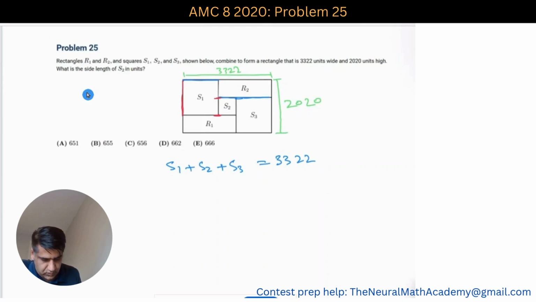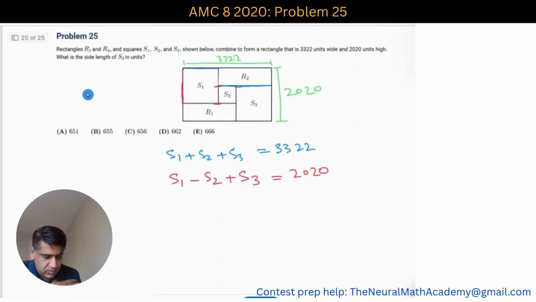So I can write S1 minus S2 plus S3, that is equal to 2020. And now I can solve these equations like the substitution method or the elimination.